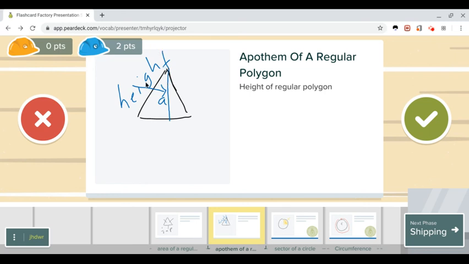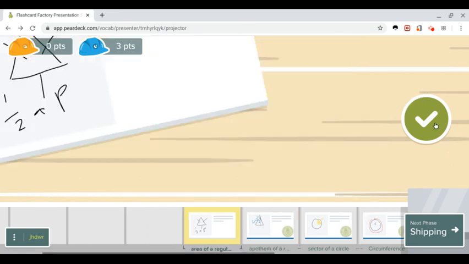And then here I just labeled it as the height. Sometimes I'll see that I understand what they wrote, and even though it's a little bit hard to draw perfectly because you're doing it on your phone, I would still give them the green stamp.